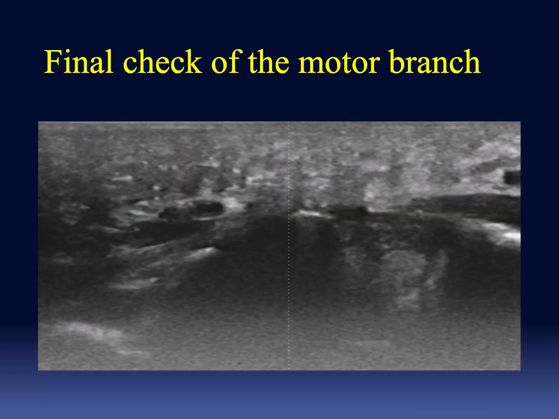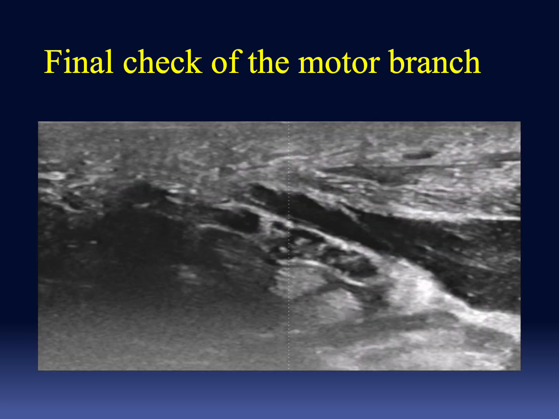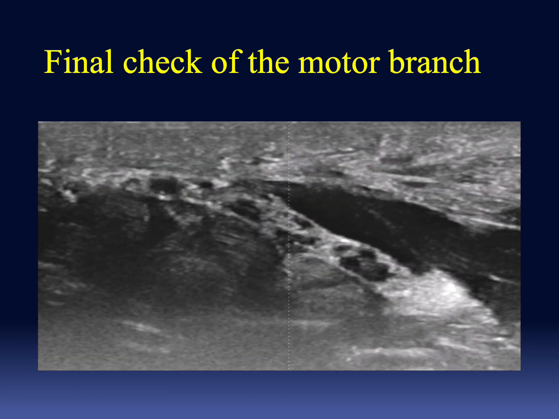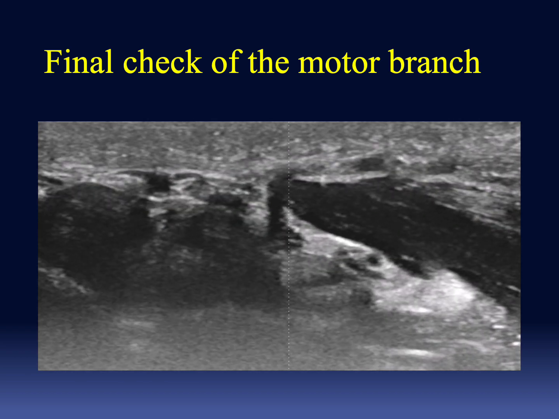And then we can do a final check of the motor branch as it comes around the thenar muscles here. In this case, the nerve was so big, I wondered if it might be a vessel, so I did a Doppler on it, but it is definitely nerve.